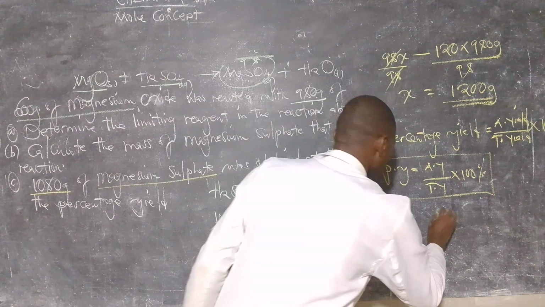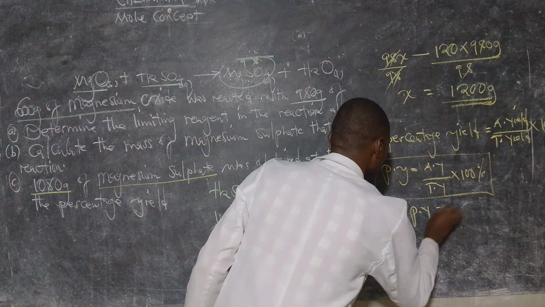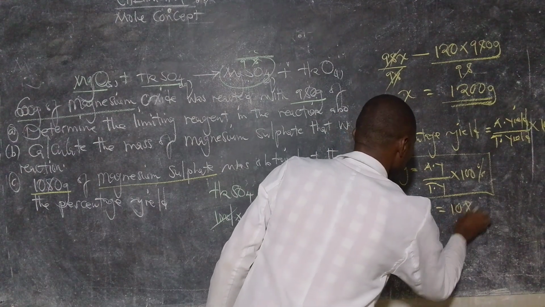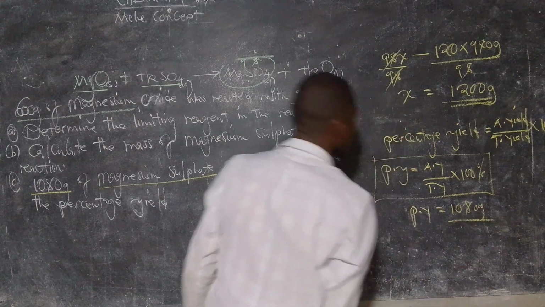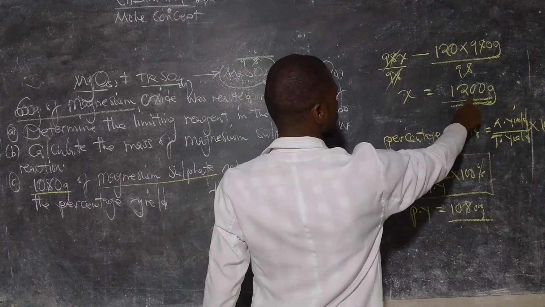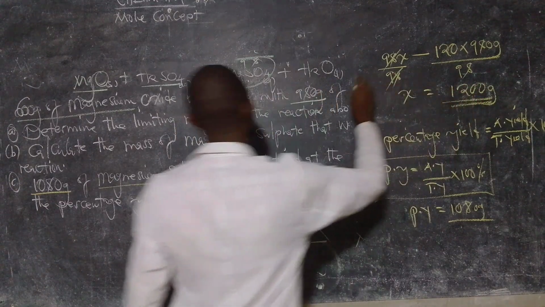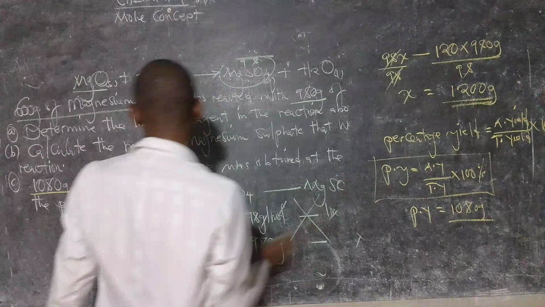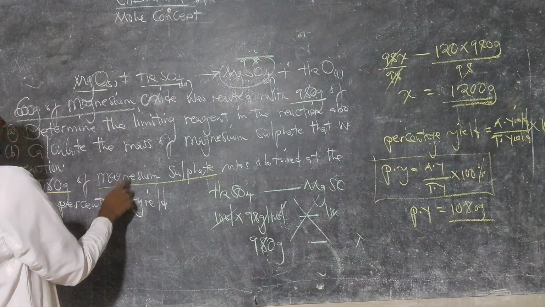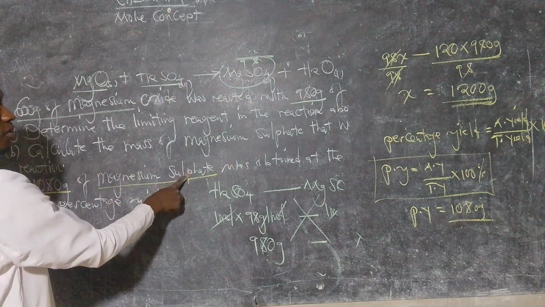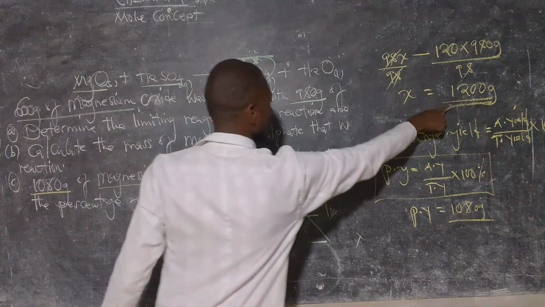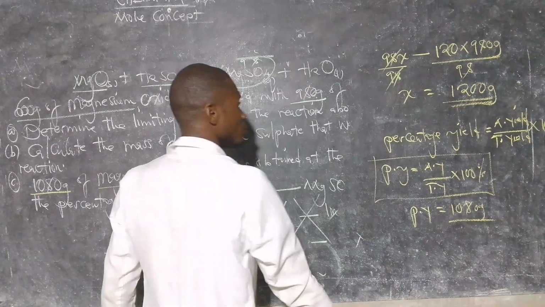So percentage yield is equal to 1,080 grams over the one we have calculated now, because this one is the mass of magnesium sulfate. And in the question, they are asking us to find the percentage yield of magnesium sulfate. So if this one is wrong, it means even this one will be wrong.